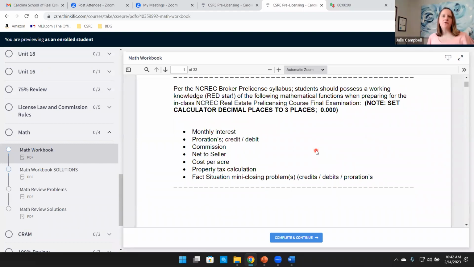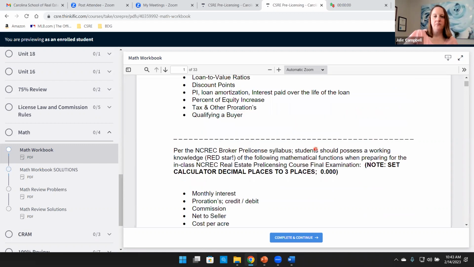So you can focus your study energy and your attention. It gives you that nice breakdown on what you see on my exam and what you can expect at PSI Testing Center.